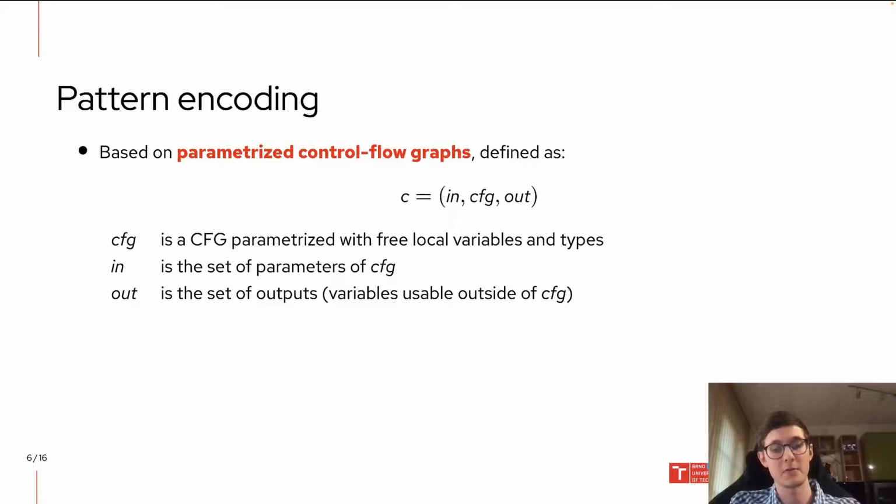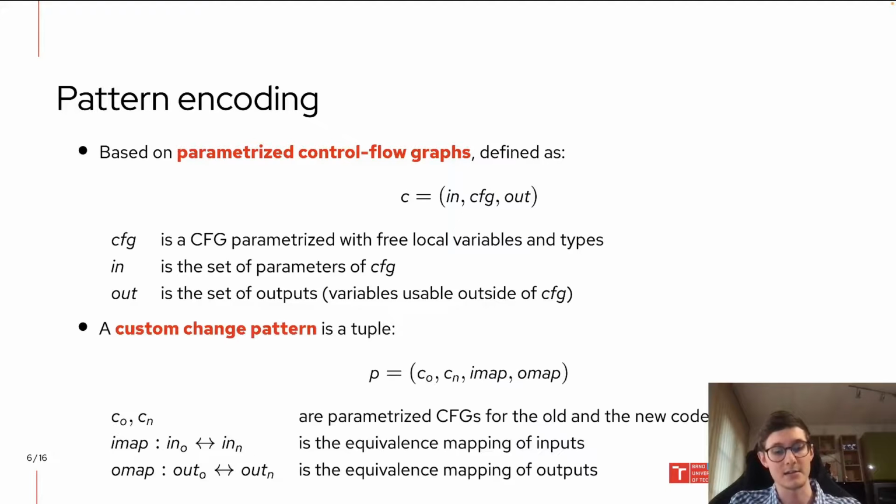So we represent our patterns using parameterized control flow graphs, which we can understand as tuples with a control flow graph that is parameterized with local variables and types, and a set of input parameters of the control flow graph, so that the variables and types can be mapped to the underlying code, and then also a set of outputs which defines which variables can be used after the CFG gets matched.